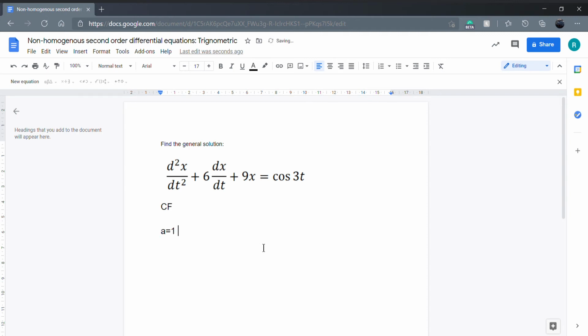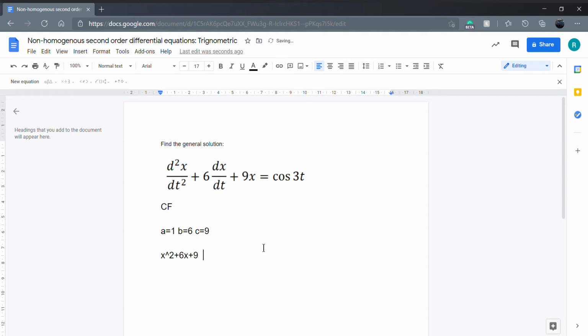As you know, a equals 1, b equals 6, and c equals 9, which allows us to form a quadratic equation. We have x squared plus 6x plus 9.